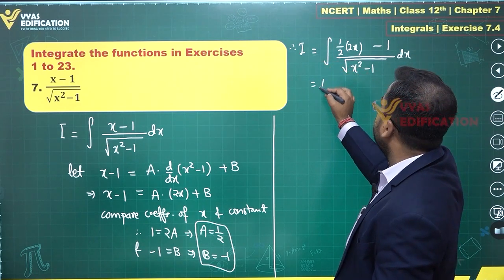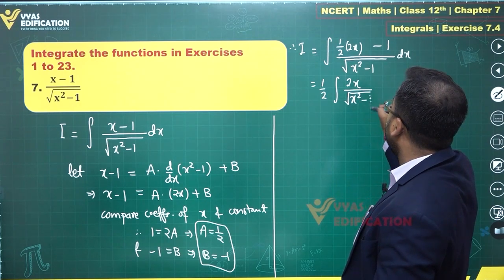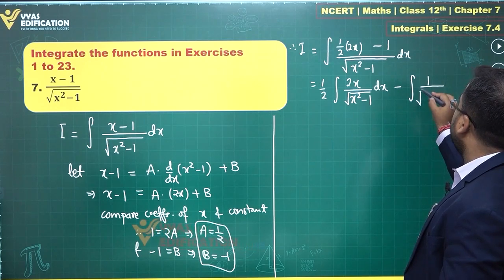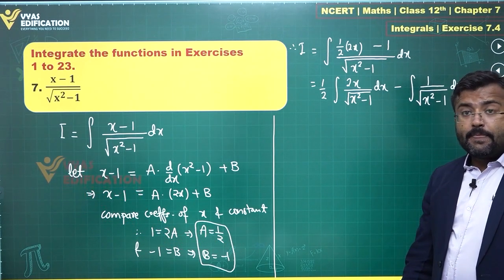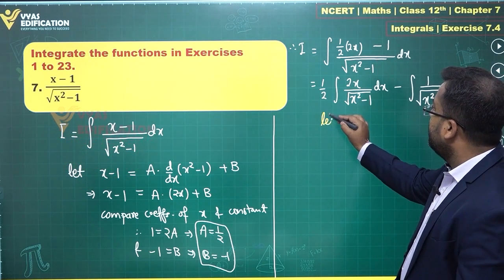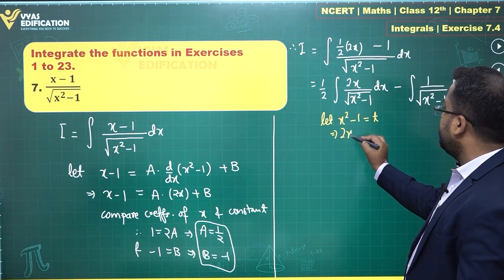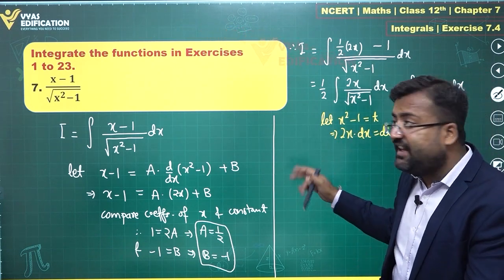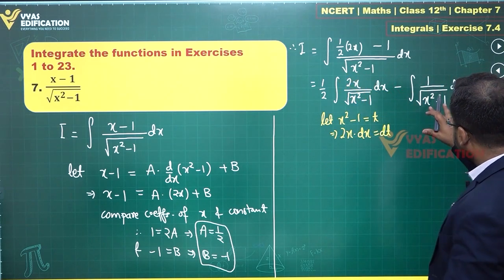These will be written separately: 1 by 2 integral 2x upon under root of x square minus 1 dx, minus integral of 1 upon under root of x square minus 1 dx. The first can be solved with a simple substitution: let x square minus 1 is equal to t, which tells me 2x dx is equal to dt. We have planned it in such a manner that the derivative of the denominator comes in the numerator.